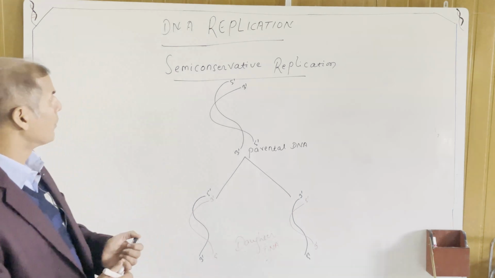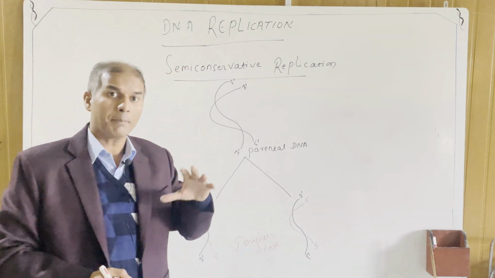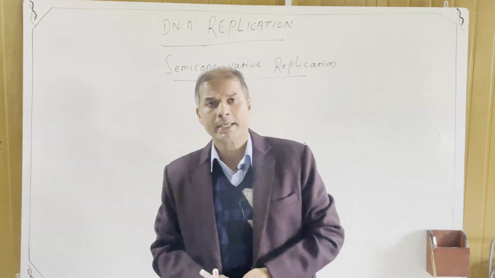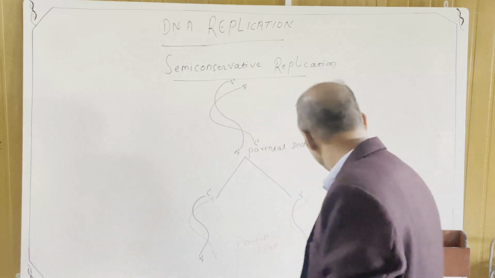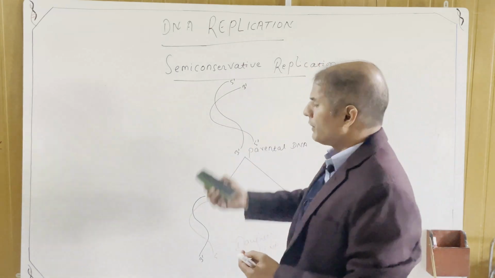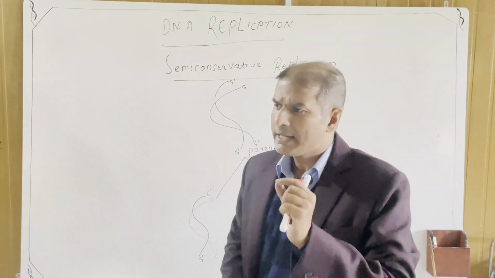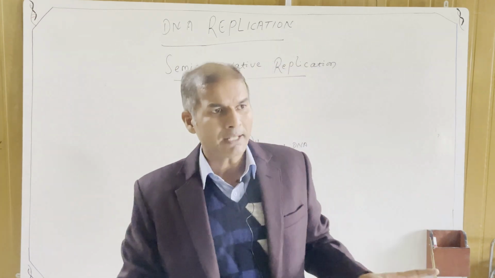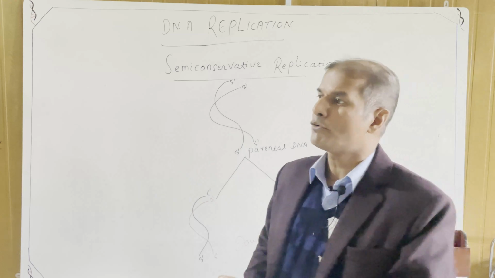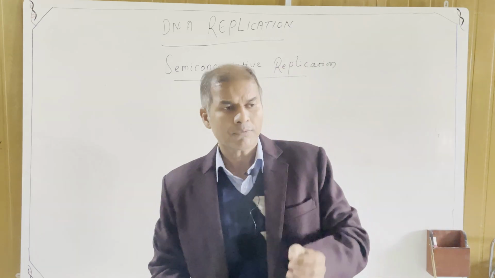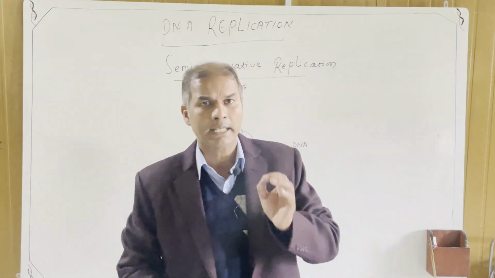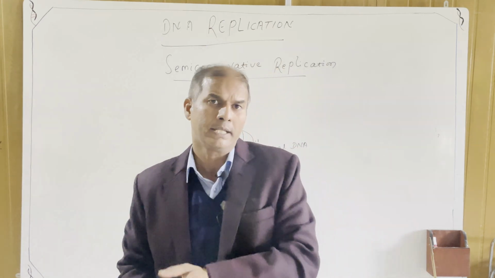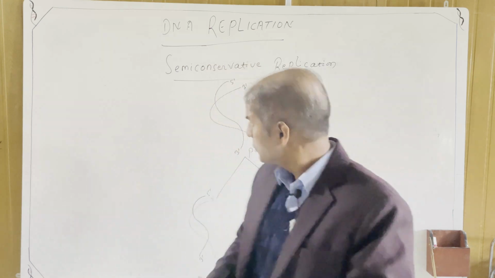Now we have to know what the process of replication is in prokaryotes and what it is in eukaryotes. We know that in prokaryotes and in eukaryotes, the basic steps are similar, but the compounds involved are totally different. At first we are going to talk about the DNA replication process in prokaryotes, then we talk about DNA replication in eukaryotes.